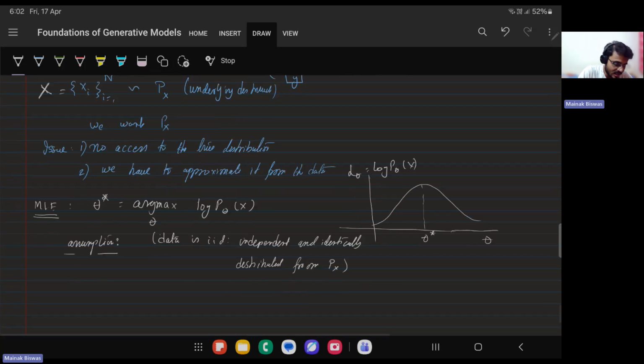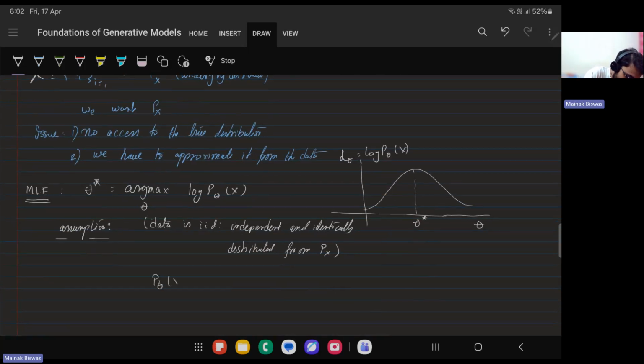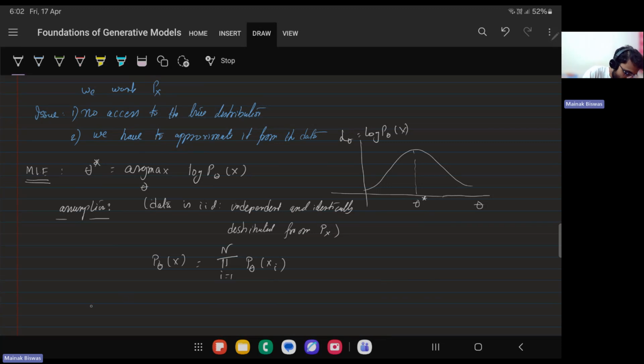So we can say that P theta of x can be written as a product, for i going from 1 to n data points, of P theta of x_i. Therefore the corresponding problem is equivalent to maximizing the sum of log likelihoods of the individual points.